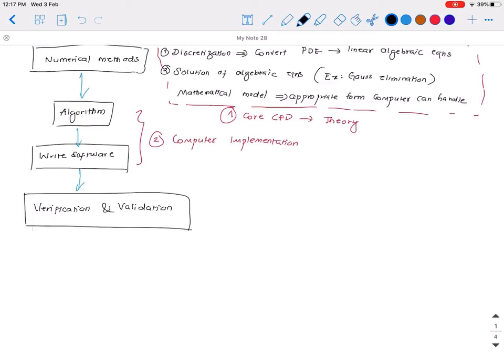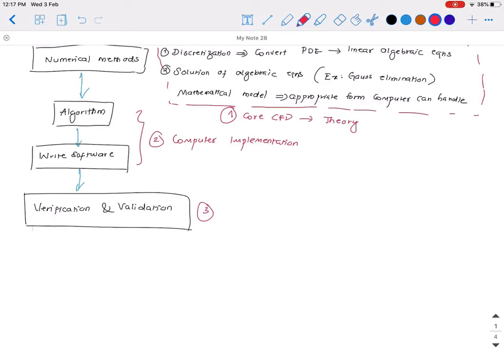Now we need to test our mathematical model, the numerical method we employed, and check if our computer implementation is correct.